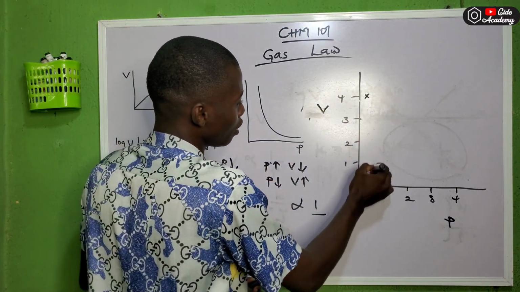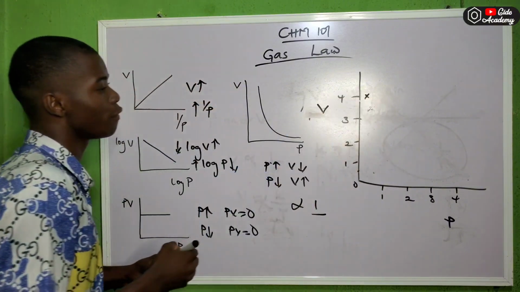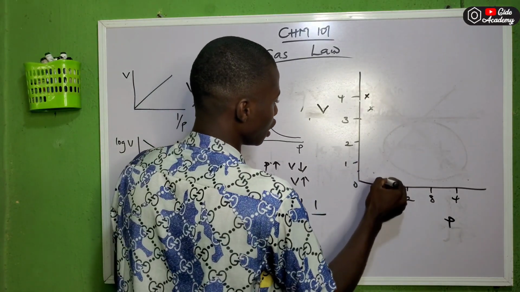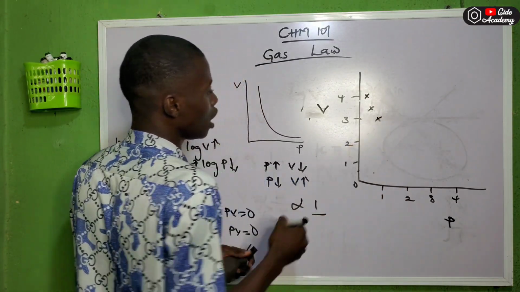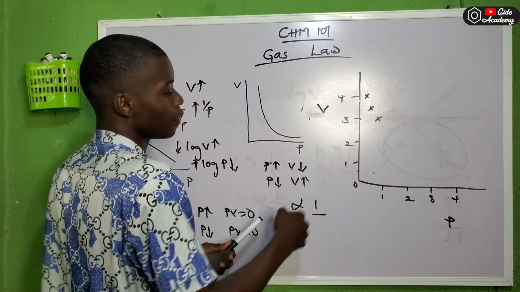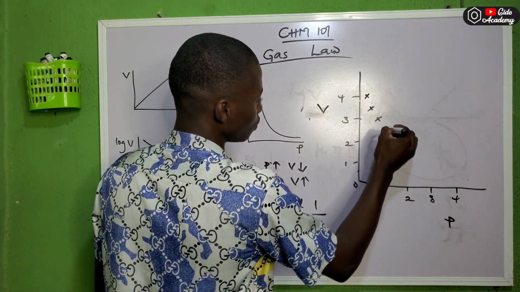Yes. If the value of V is 3, then here will be, let's say, 1. Then if the value of V is 3.5, here will be, let's say, 1.1. So you have something like that.